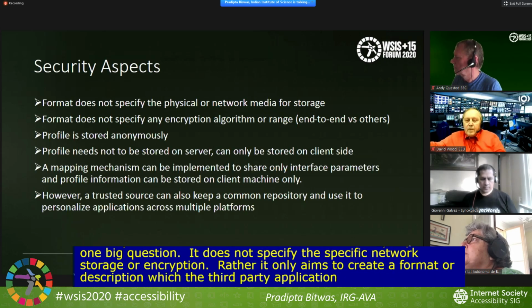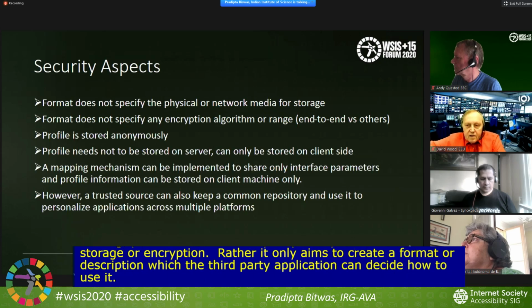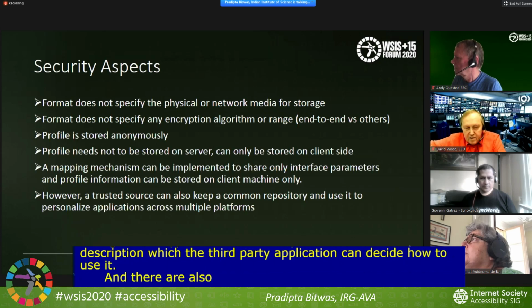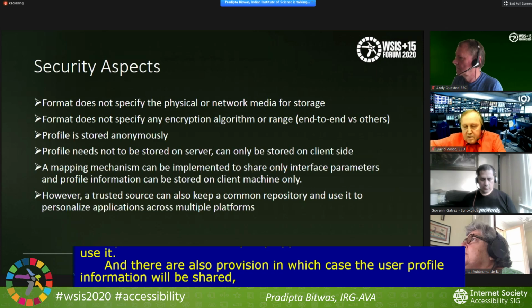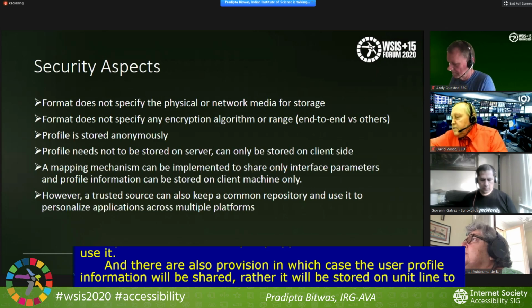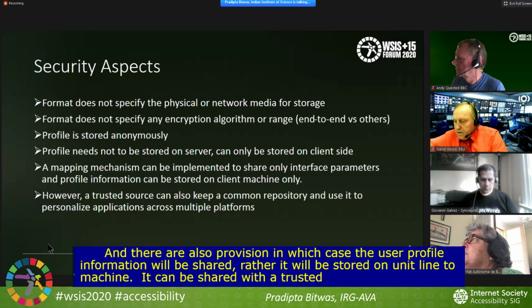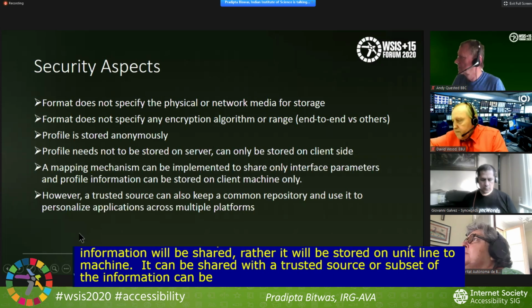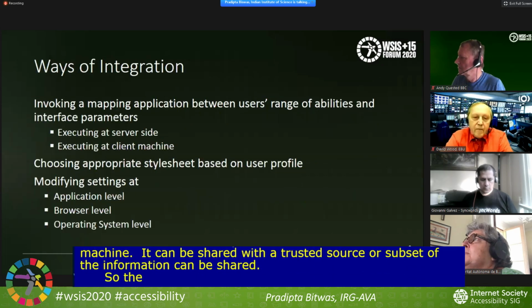There are also provisions in which the user profile information will never be shared. Rather, it will be stored only on a client machine, or shared with a trusted source, or a subset of the information can be shared. So the user profile doesn't depend on sharing critical user information.